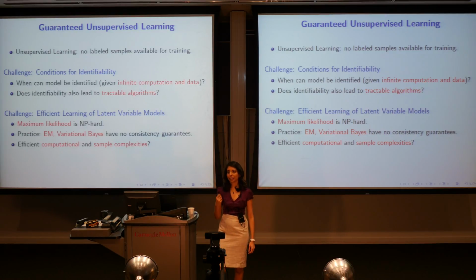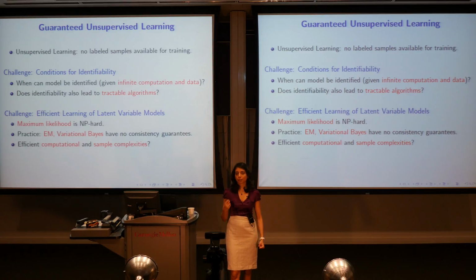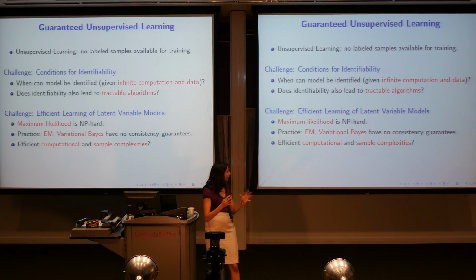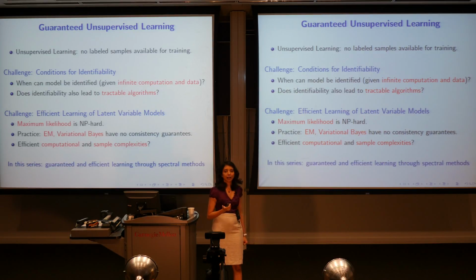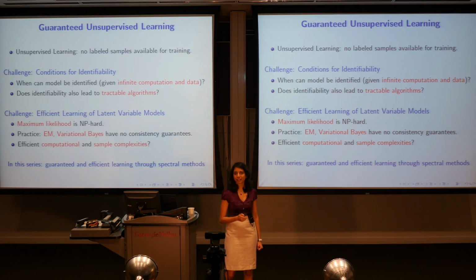On the other hand, we also want tractable algorithms that are guaranteed to obtain the parameters, meaning they have consistency guarantees, and yet have low computational complexity. So we wanted the best of both worlds, and that's where we were looking at these tensor methods.